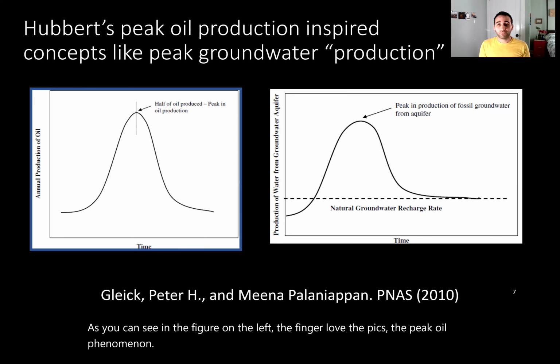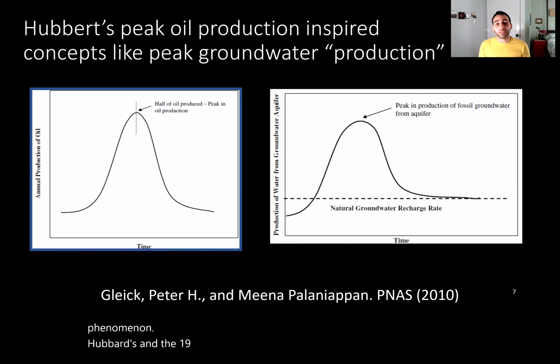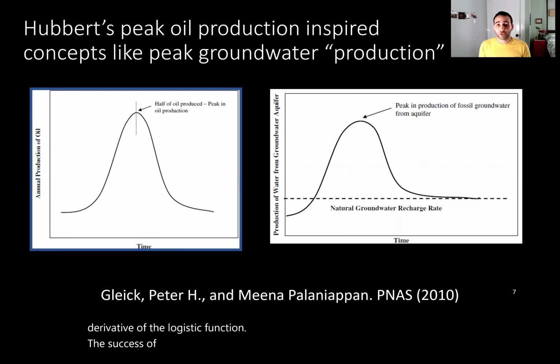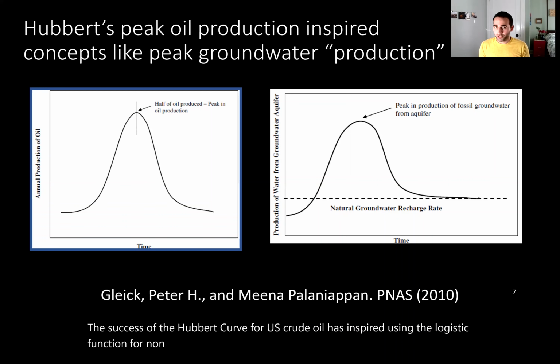Hubbert in the 1950s predicted the peak in US crude oil production decades in advance. The curve he used, which is what you see on the left, is the derivative of the logistic function. The success of the Hubbert curve for US crude oil has inspired using a logistic function for non-renewable resources like groundwater depletion.